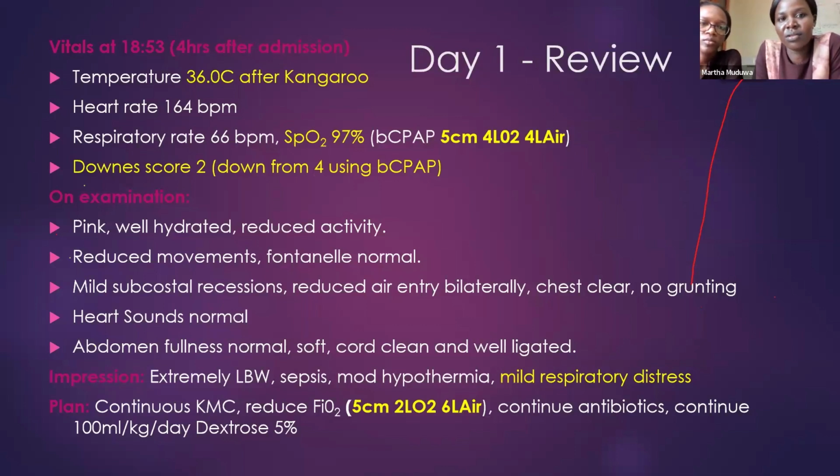So the Downes score here reduced to 2. Maybe just to add on that Downes score, this is just a clinical tool that we use to assess the level of respiratory distress in our newborns or neonates, mainly the preterm babies, before you start the baby on a CPAP. So the baby was examined on that very day one.